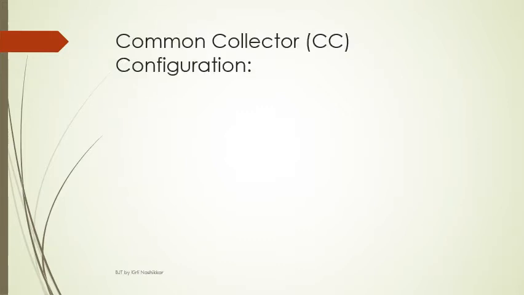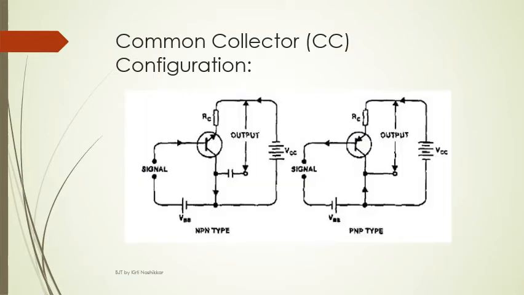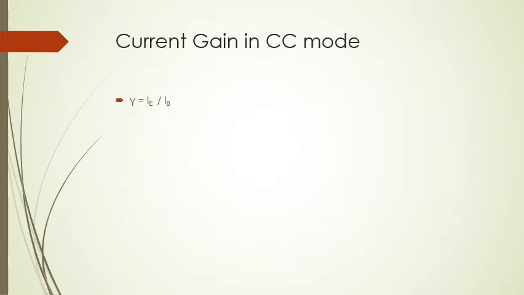The next current gain that we are going to discuss is the CC configuration current gain. This is the circuit, and here the collector is made common. So the output terminal is the emitter and the output current is IE. The input terminal is the base, and that's why the current will be IB. So here the current gain is the ratio of IE upon IB, and it is denoted by gamma.